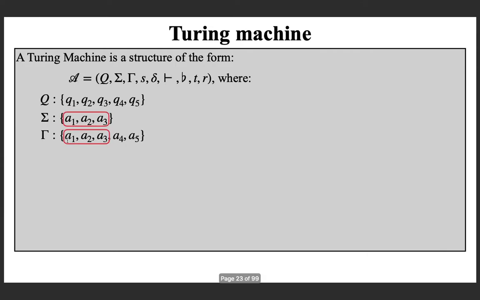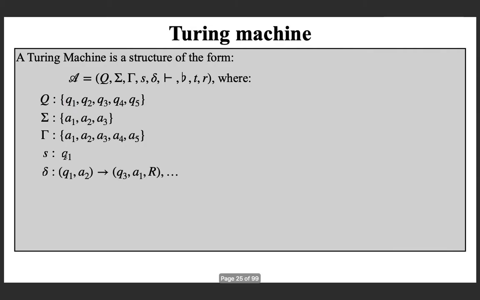Note that the tape alphabet is going to be a superset of the input alphabet, because the input string needs to be stored in the tape, and hence every input alphabet must be a tape alphabet. Without loss of generality, assume that the first symbols are the input alphabet, followed by the remaining alphabet of the tape alphabet set.